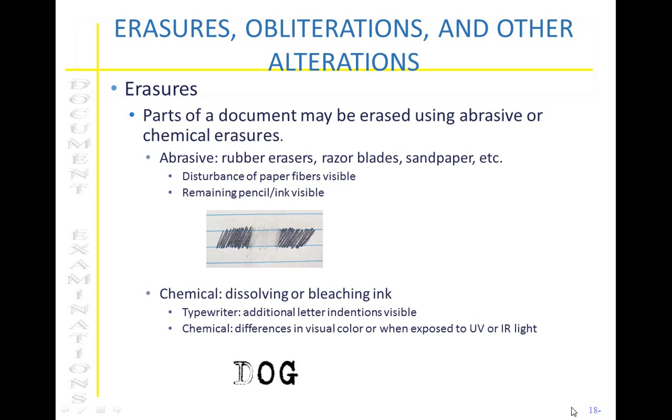There's also the possibility that chemicals can be used to cause the erasures. So it might be a chemical that's actually going to dissolve away the ink itself, or some type of a bleaching compound to the ink.